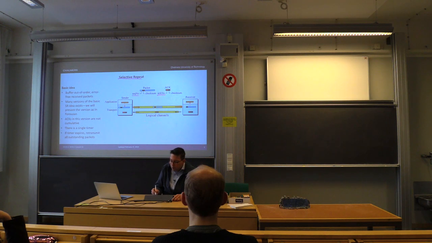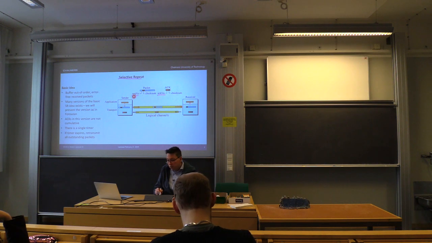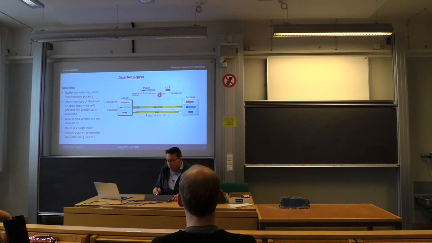So we have a sequence number and an acknowledgement number. And then there is some logic in the receiver for figuring out what to do when you receive a packet with a certain sequence number. And at the sender, you get these acknowledgements, and then you need to figure out how to process an ACK with its ACKNO.